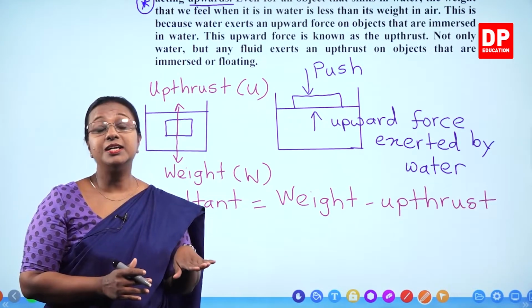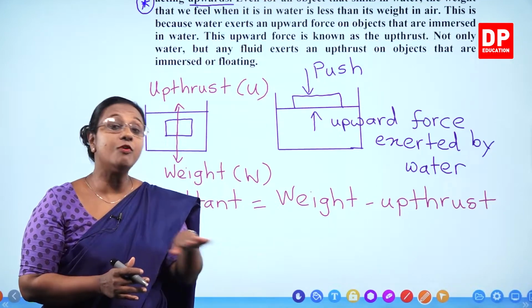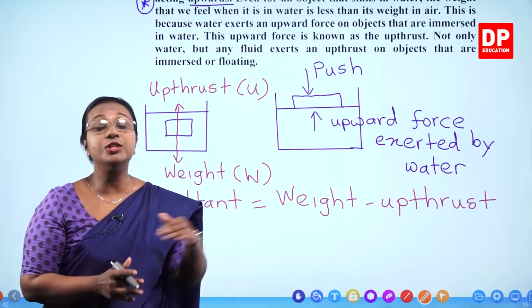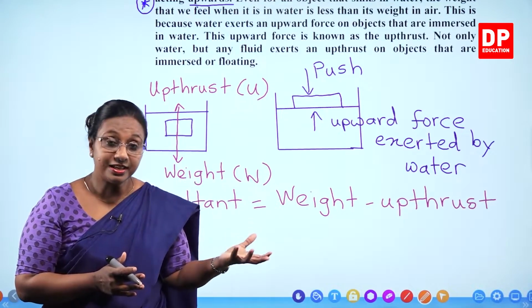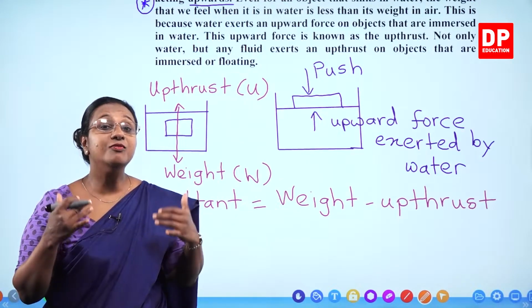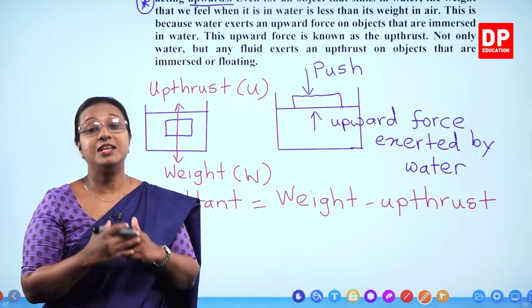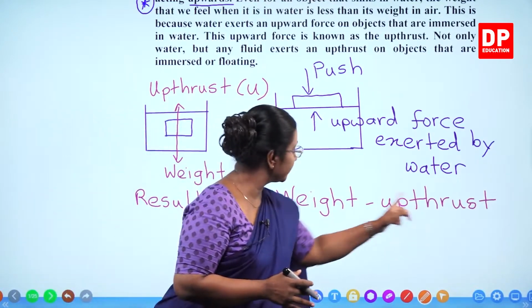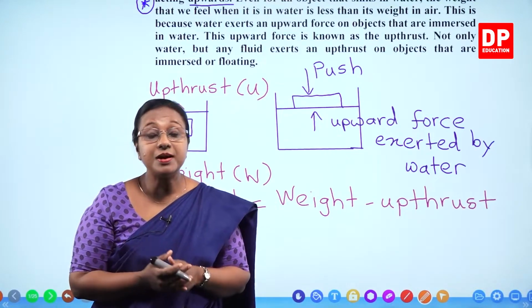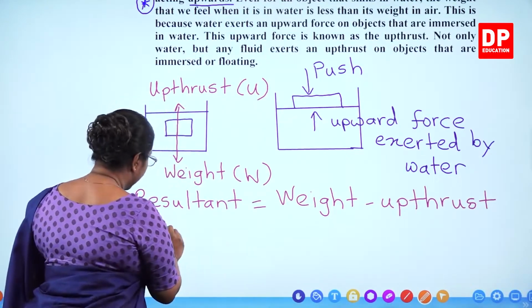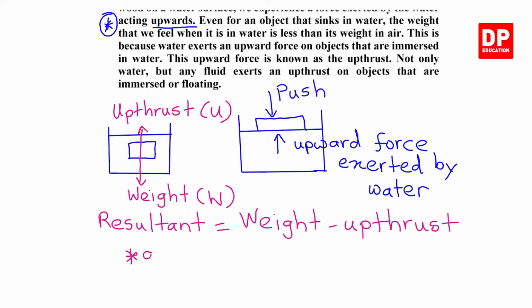When the bucket containing water is within the water surface, inside or below the water surface, there is an upthrust acting, there is the real weight, but the weight that we feel is less. Why? Upthrust gets subtracted from the weight. So we feel an apparent weight. So that is what we need to remember. You see an apparent weight.